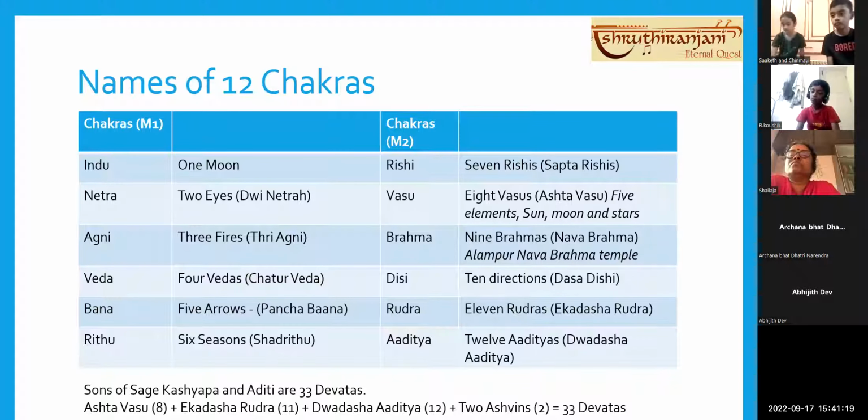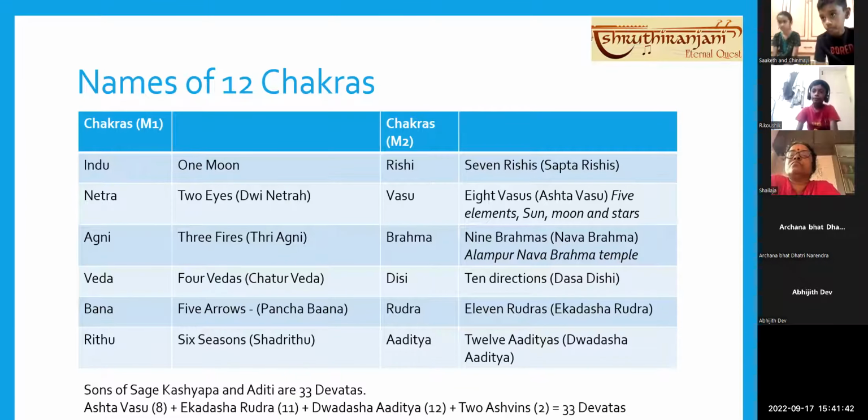There is a Sapta Rishi Mandala in the Akasha, right? Which looks like a question mark. Then comes Vasu. There are 8 Vasus, Ashta Vasu, who are part of the 33 Devatas. So what are those Ashta Vasus? Each Vasu is responsible for each of the elements. 5 elements. What are the elements?